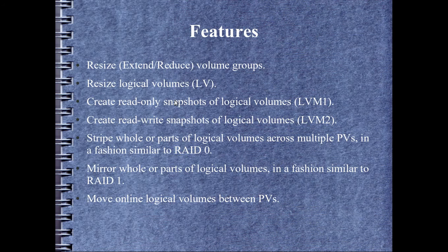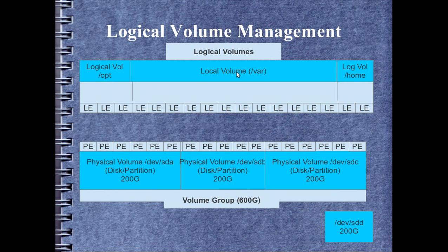You can create snapshots. It simply means that you can create a snapshot of the state of all the files in the logical volume at a particular instance of time. You can take a snapshot at around 2 a.m. or 4 a.m. as per the server time, and the status of that particular file system will be saved.